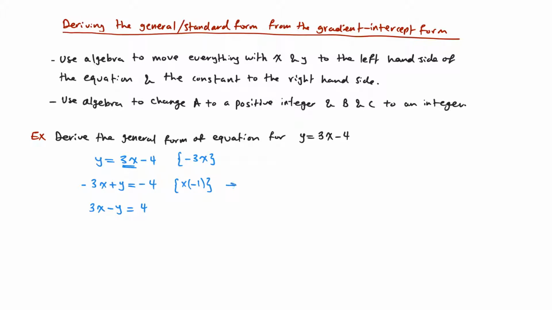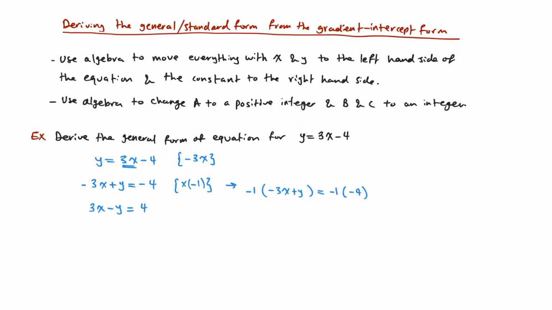And I'm just going to write this in another way. Once we apply the multiplication by negative 1, just a step in between, we get negative 1 times negative 3x plus y is equal to negative 1 times negative 4.